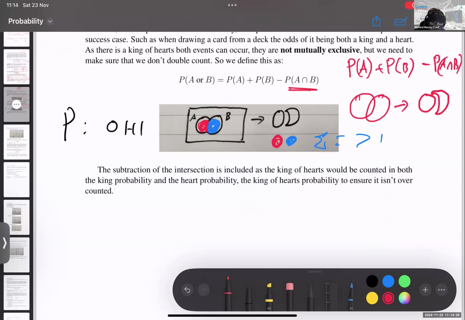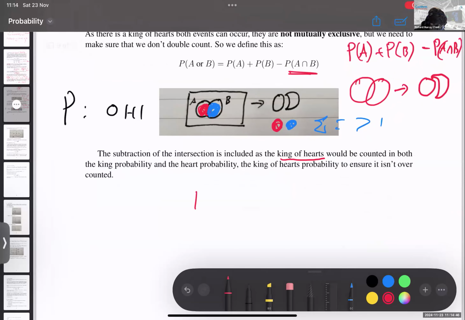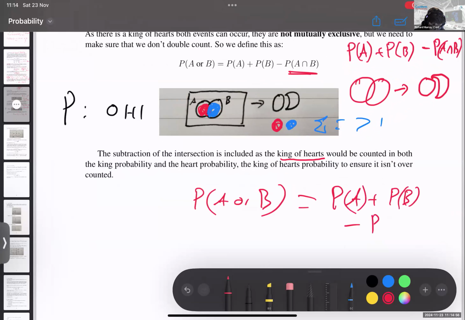So if we considered that we wanted to find the probability of it being the King of Hearts, we need to account for that the probability of the King and it being a heart are both included in there. So the probability of A or B is equal to the probability of A plus the probability of B minus the intersection.